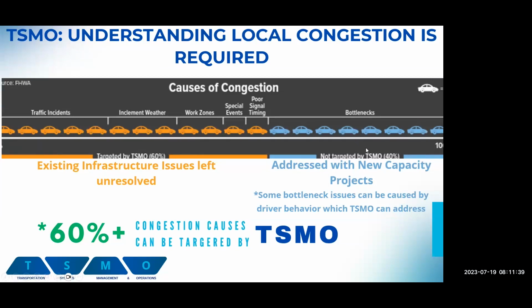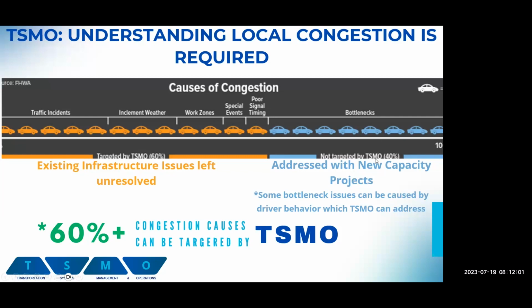And then a lot of the things in blue, which is primarily the bottlenecks, fall under the recurring congestion, which is typically addressed with capacity projects like road widening. So you can see here that at least 60% of the issues we have are not necessarily capacity related, but are more of the non-recurring congestion.